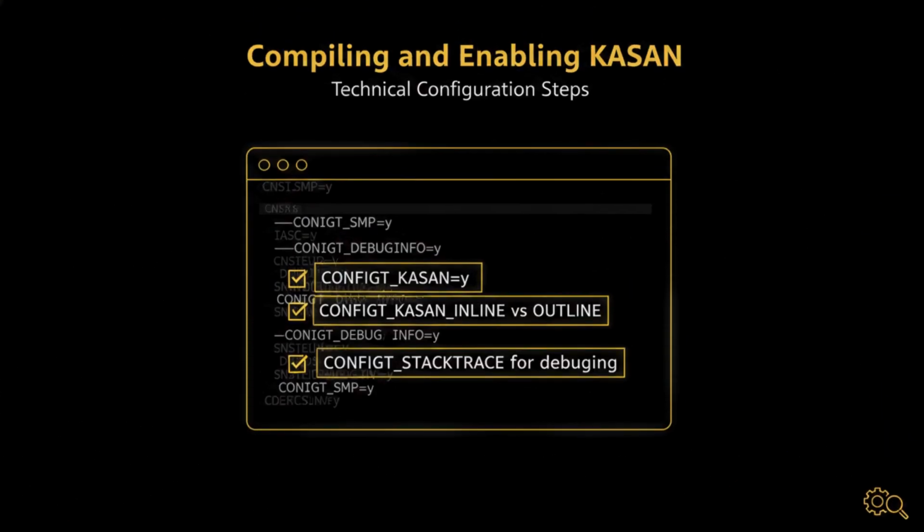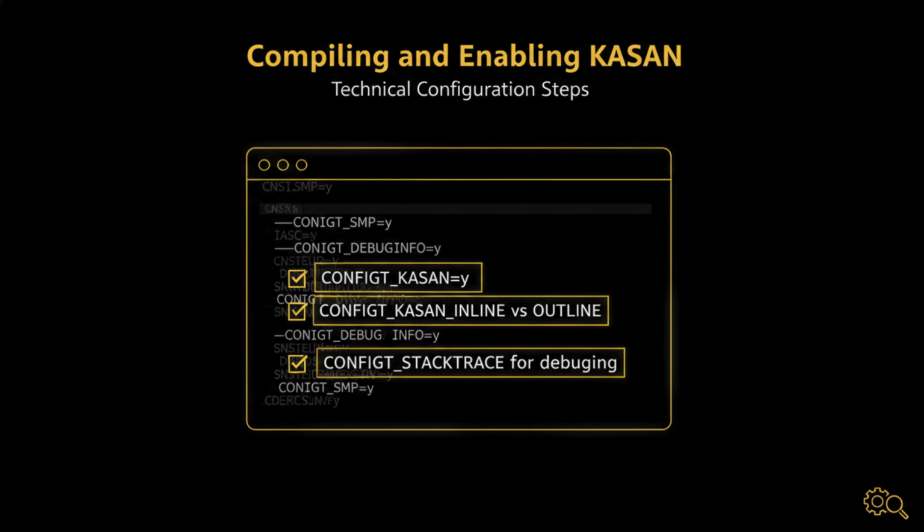To use KASAN, you must enable it during the kernel compilation process. The primary configuration flag is CONFIG_KASAN=y. You also have the choice between CONFIG_KASAN_OUTLINE and CONFIG_KASAN_INLINE. Outline instrumentation produces a smaller kernel binary by calling helper functions for checks, but it is slightly slower.